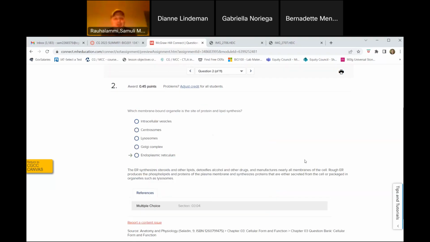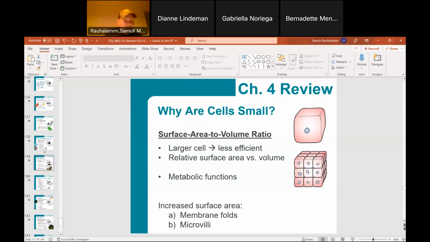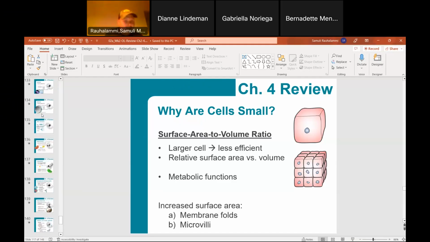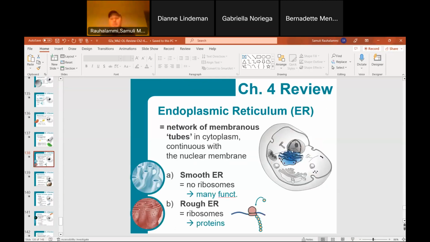Continuing through these membrane-bound organelles, that's the site of protein and lipid synthesis, endoplasmic reticulum. So again, I'm going to show it on the slide deck, what I'm talking about. Endoplasmic reticulum is really kind of an extension, if you wish, from the membrane that surrounds the nucleus.